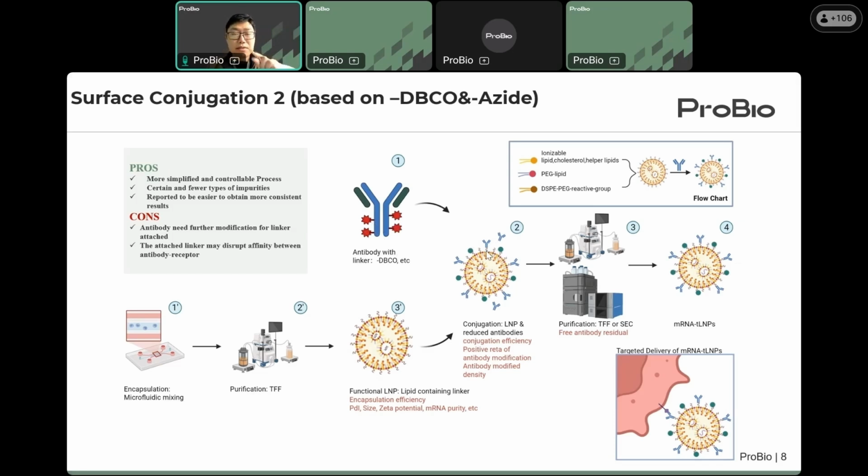We are still not very clear whether this will affect bioactivity. It depends on your antibody type and your tLNP type, so it is going to be case by case. But so far, according to our experience, tLNP transfection and expression are also very good, so it seems you don't have to worry about that much.